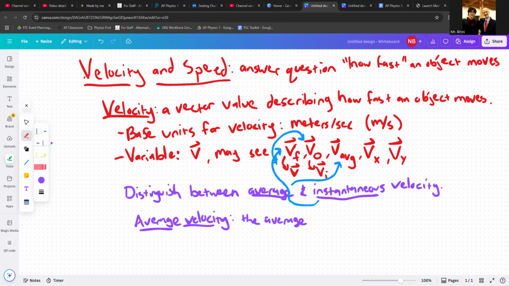And keep in mind, because it's velocity, it's still a vector. We'll talk about speed, and you could have an average speed, but this is velocity. There needs to be a direction on it.